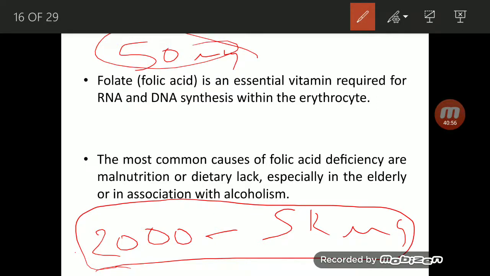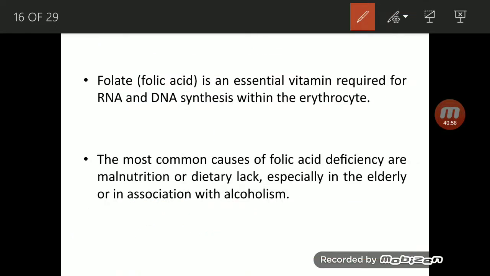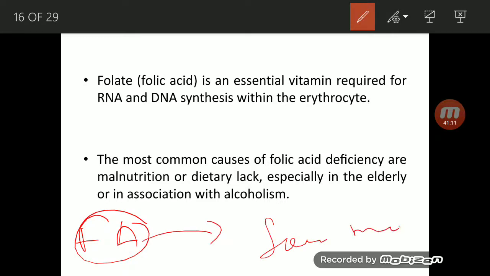So even if you have a dietary deficiency of folic acid, for you to develop anemia, it is going to take a few months. Only after being deficient of folic acid for a few months will you see your symptoms of anemia.